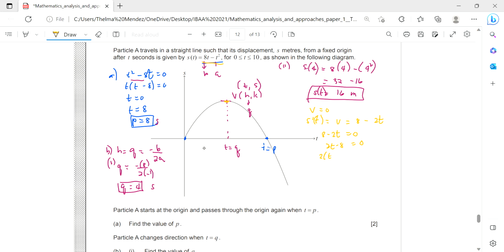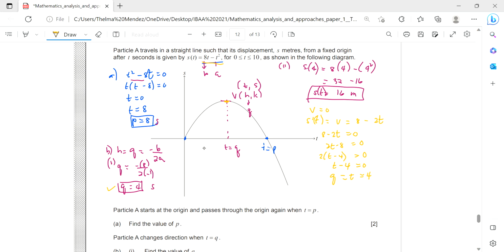So I factor this out. So this is equal to 2 times t minus 4. So 2 equals 0 is false. So t minus 4 equals 0. So t equals 4. And this is also equal to our q. So it's basically the same, right?